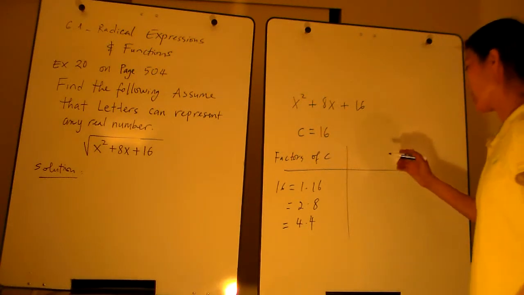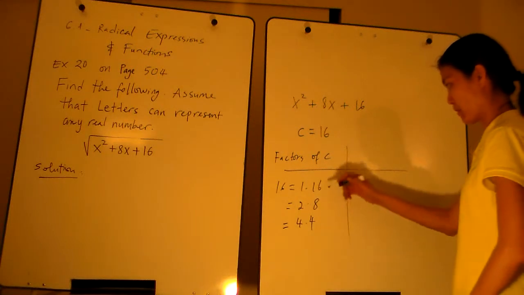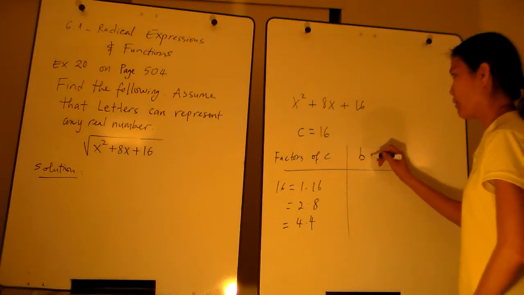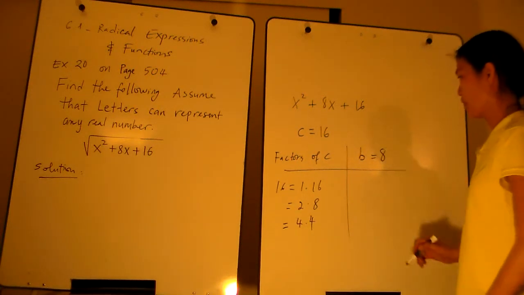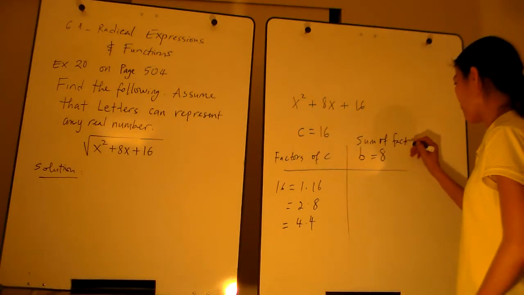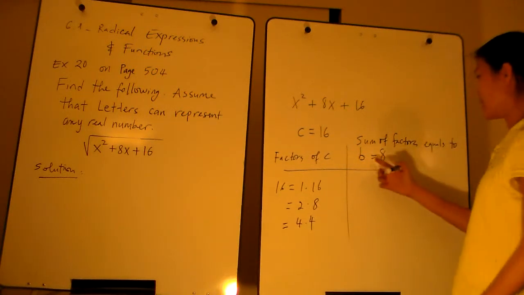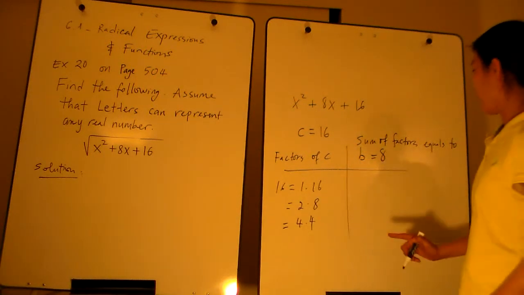Now, on this side, you're trying to find the sum of any of these factors that will equal b, which is a. So the sum of factors equals b, which equals a.